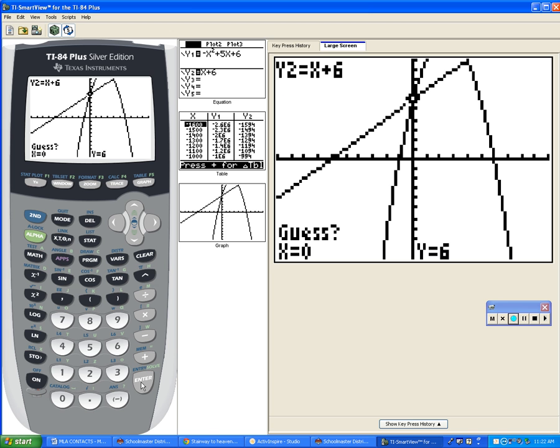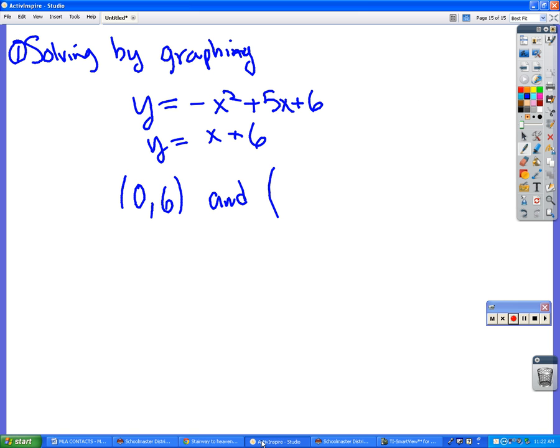And now that it says guess, I need to move this over closer to this other intersection by using the right arrow until it gets close to where those cross. And then when I hit enter, it says this solution is 4, 10. Okay? So my two solutions to this system are (0, 6) and (4, 10).